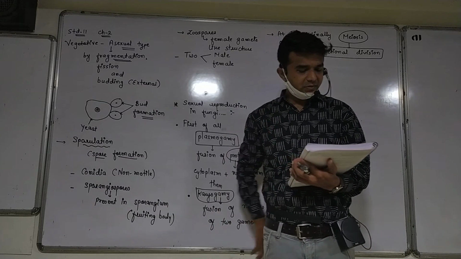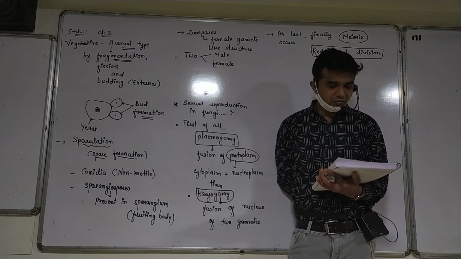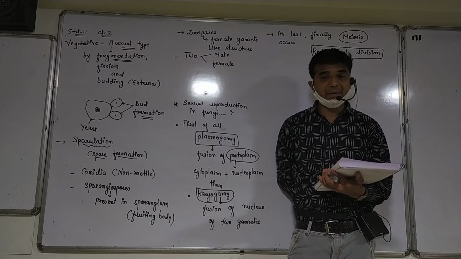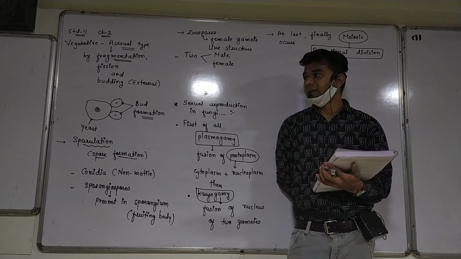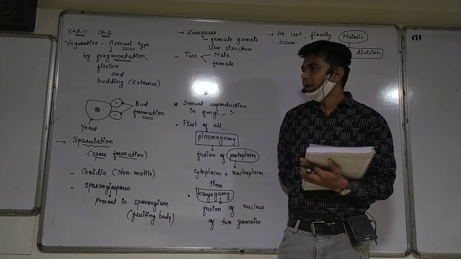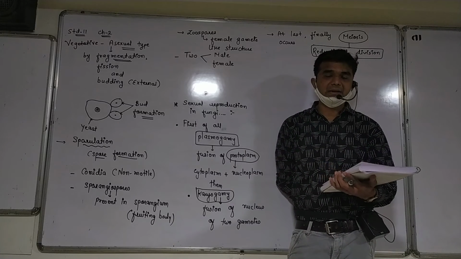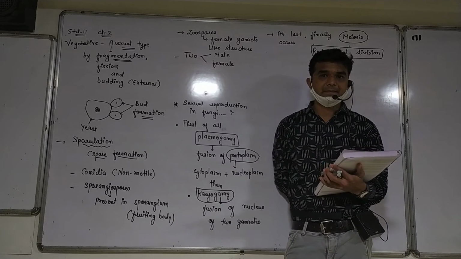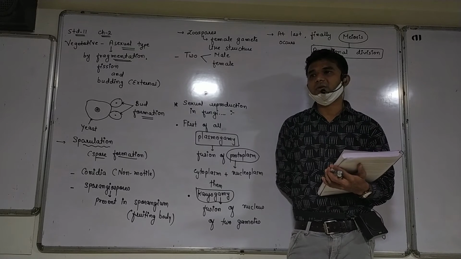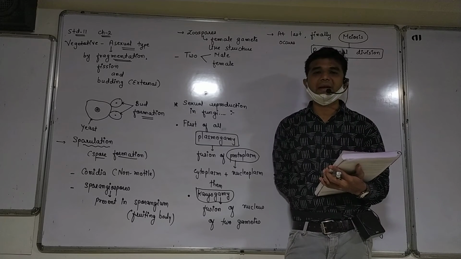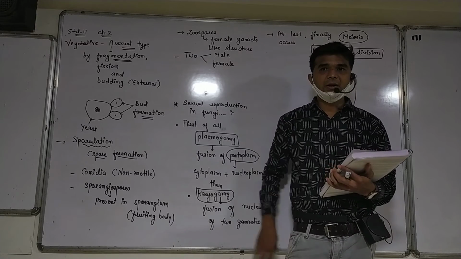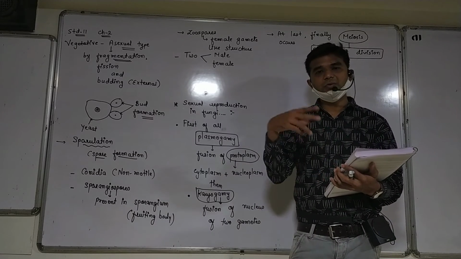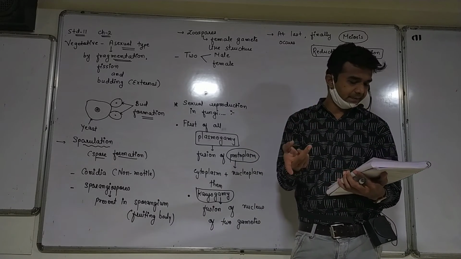So first is fusion of protoplasm between two motile or non-motile gametes. Please remember that if both the gametes are non-motile, fine; one non-motile and one motile cannot fuse together. If both are motile or both are non-motile, we say like that.